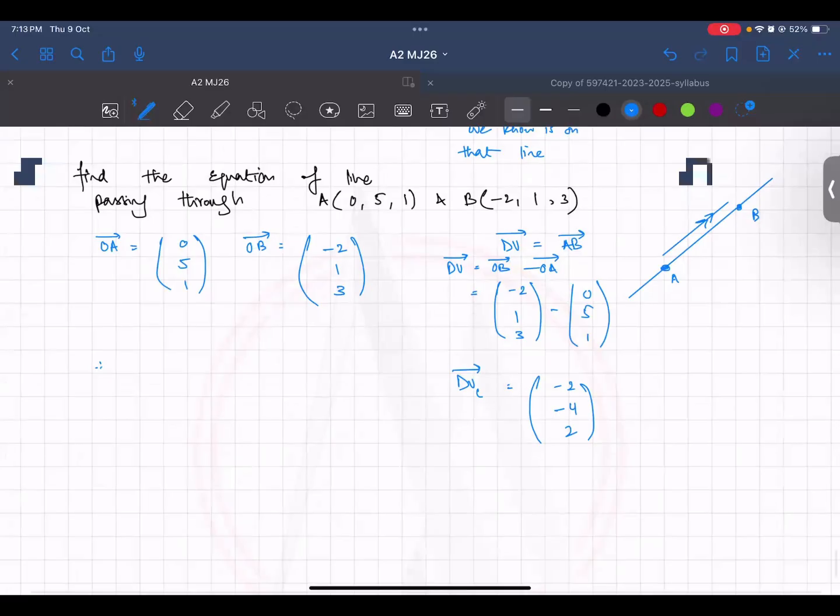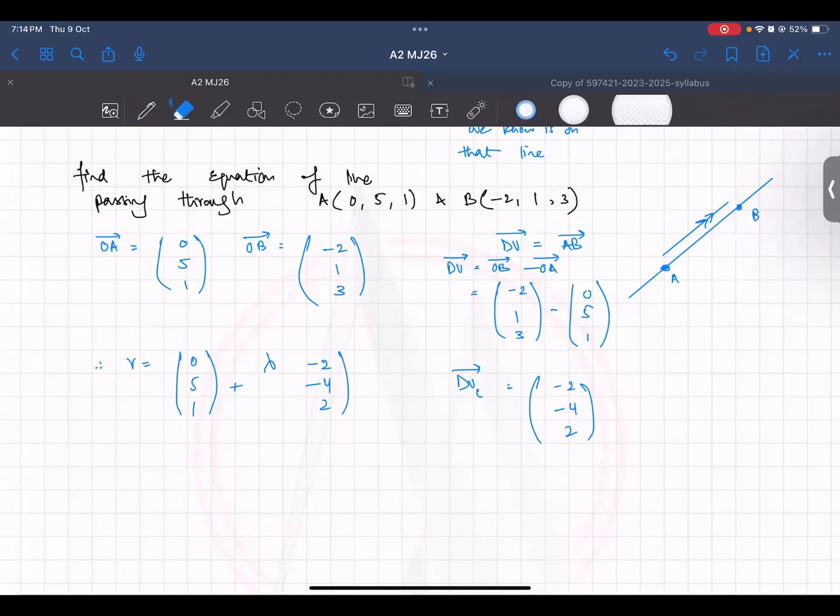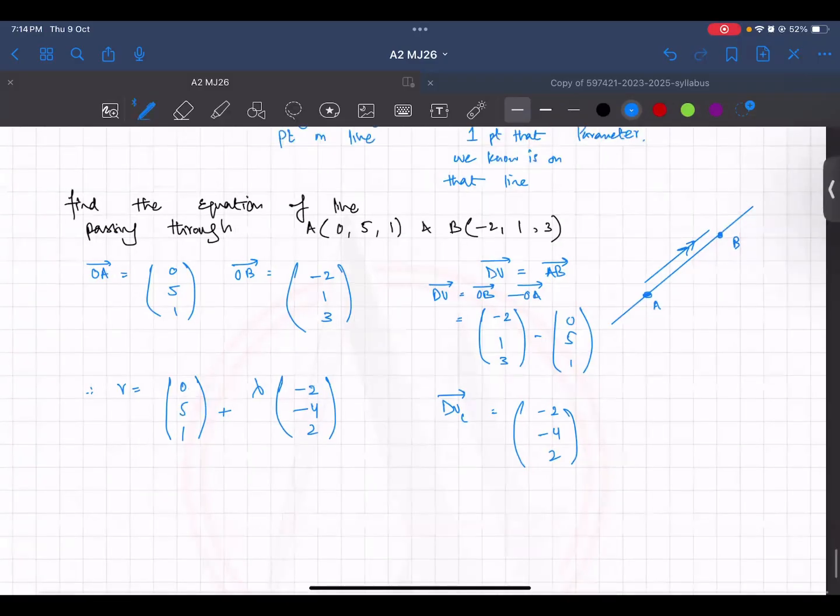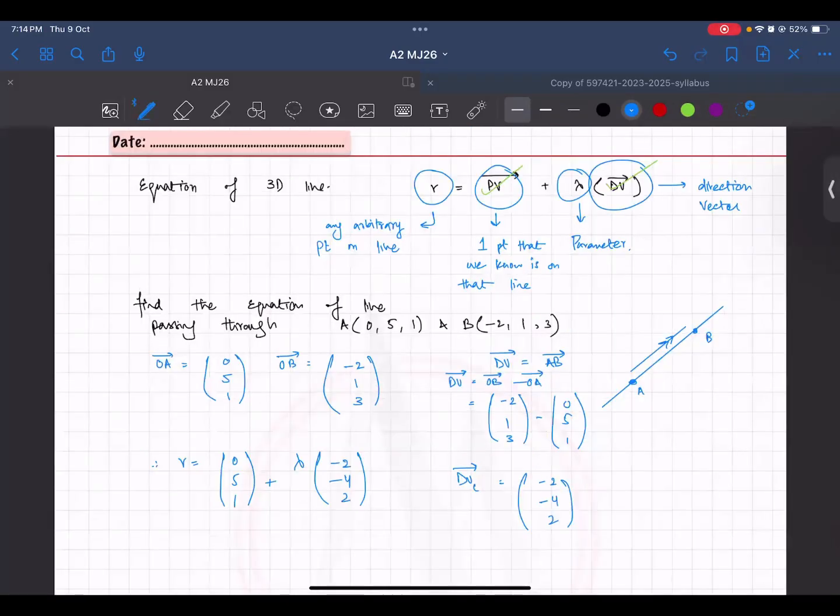Now you can replace it. r equals any one of the points, you can use (0, 5, 1), plus lambda times the direction vector (-2, -4, 2). This is the equation of the 3D line. Easy. That's it. Simple.